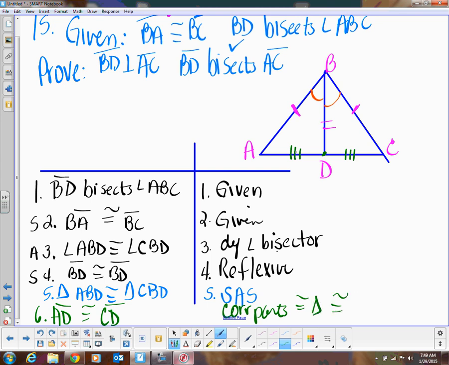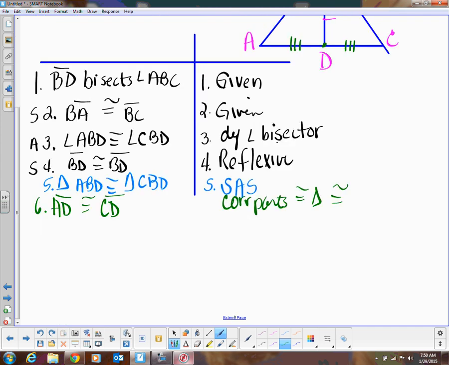Now, if these segments are congruent, what does that mean BD must have done to that segment? So now we're going to say BD bisects segment AC by definition of a segment bisector. So normally we're given the bisector and we get the congruent pieces, but we're going backwards.